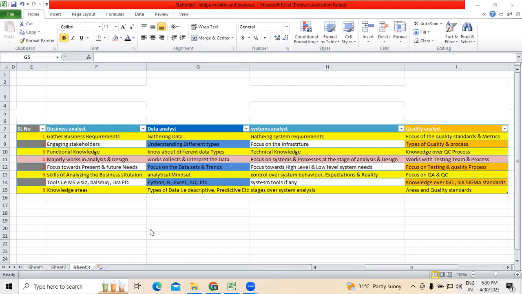So system behavior and expectations of different systems, followed by what is possible, the reality, what can be implemented. That sort of skill set is required for a systems analyst. It could be a cloud environment, which is happening nowadays. At the same time, a quality analyst should focus on quality assurance and the quality standards and control. This is also essentially required.